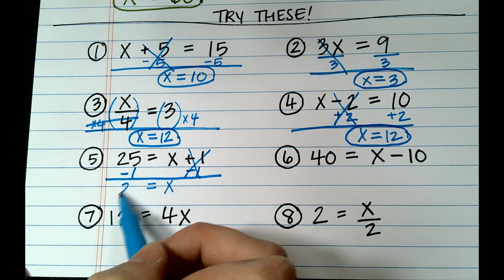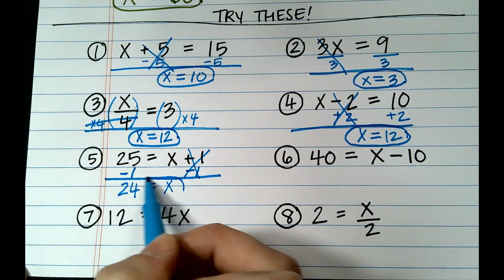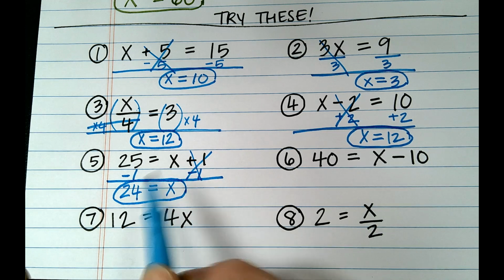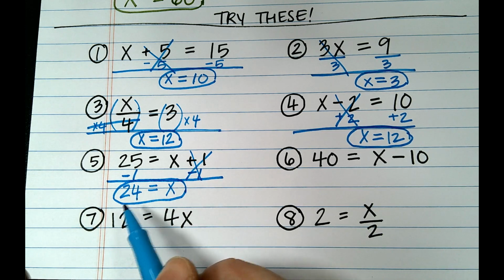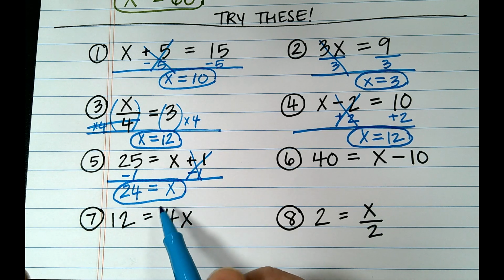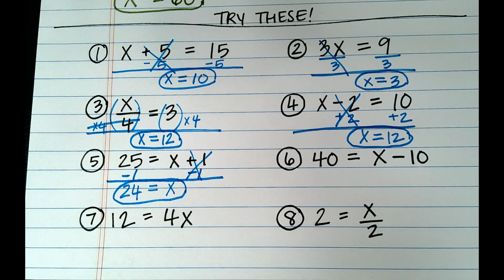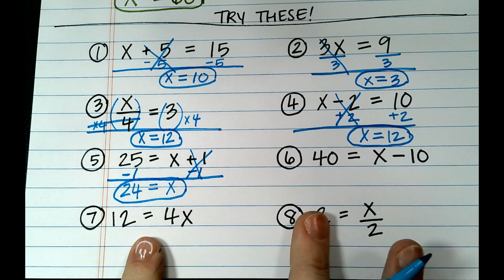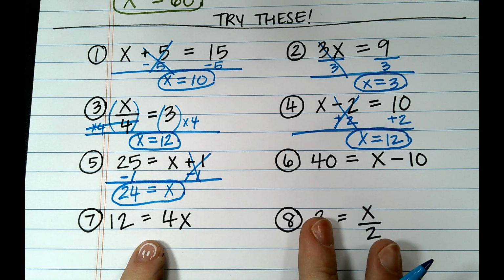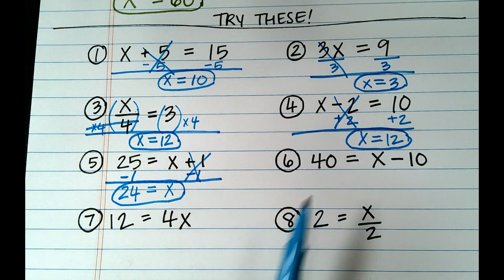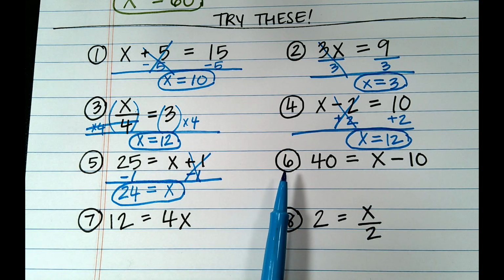Good. 25 minus 1 is 24. So the only difference here is now I have a number equals X instead of X equals the number. You do the same exact process, it's just flipped around, because you'll see it like this sometimes. It's the same thing.